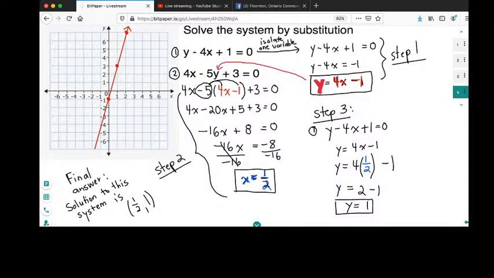Okay, there we go. Got it. Okay, so this is the line for equation 1, y equals 4x minus 1, because that's the format that we want to put it in.